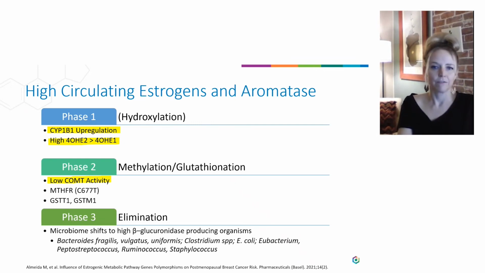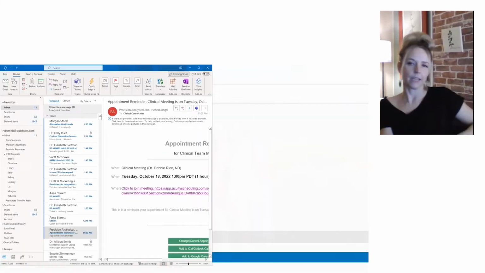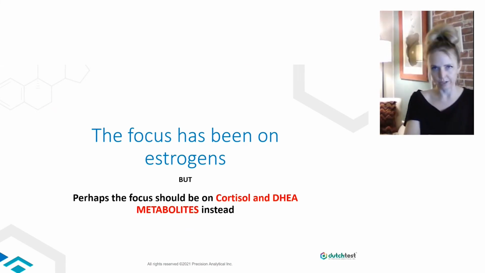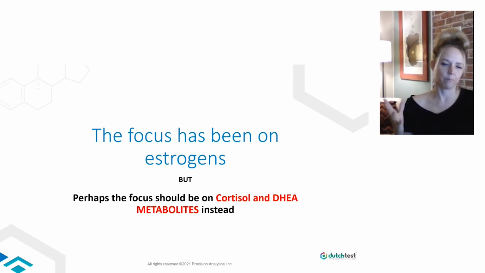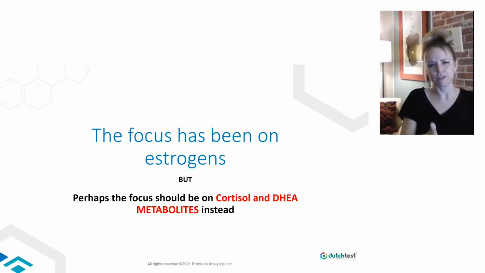All right, so the focus has really been on estrogens historically with breast cancer, and it still is, a lifetime of higher estrogens. If you don't have breaks in high estrogens, they think of if you have kids earlier in your life and you have longer breaks away from estrogens, that maybe that confers more protection from breast cancer, but very much focused on estrogen as kind of the big bad guy.